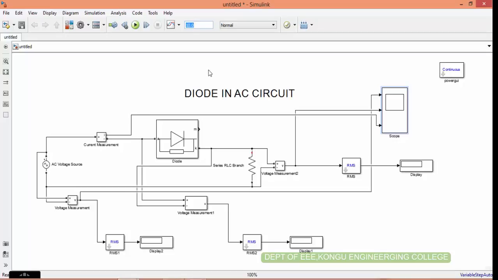Now, let us simulate the circuit for one cycle. To simulate the circuit for one cycle, you have to give the time period as 0.02.